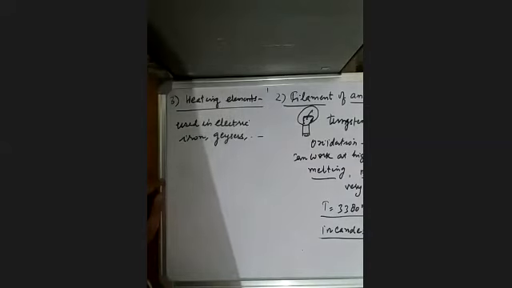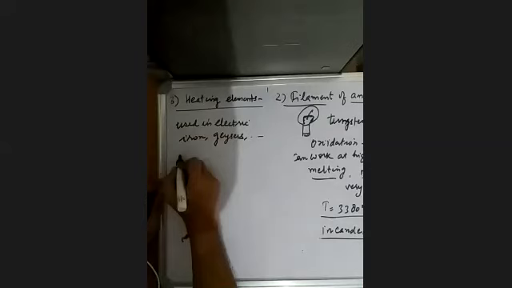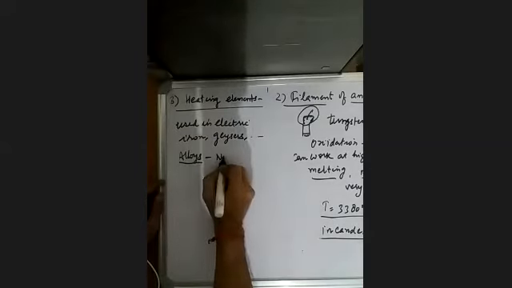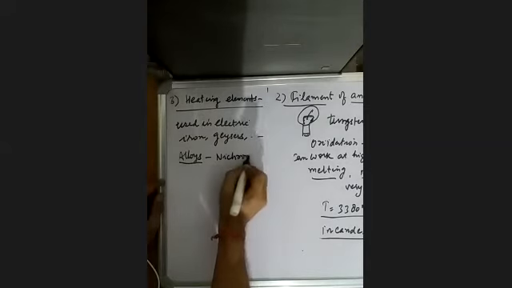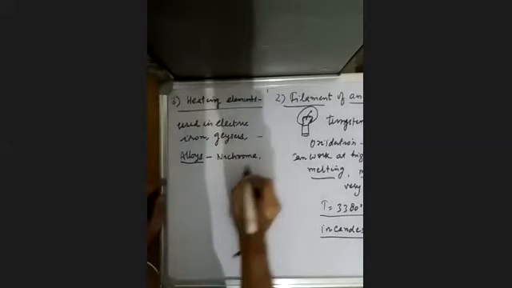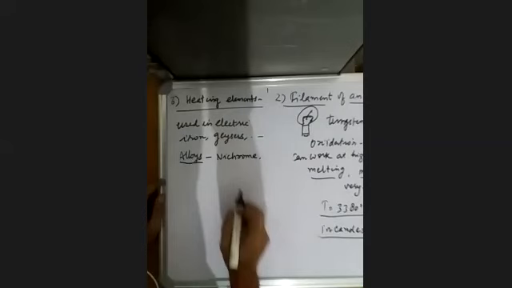These heating elements are basically made up of alloys, generally nichrome.